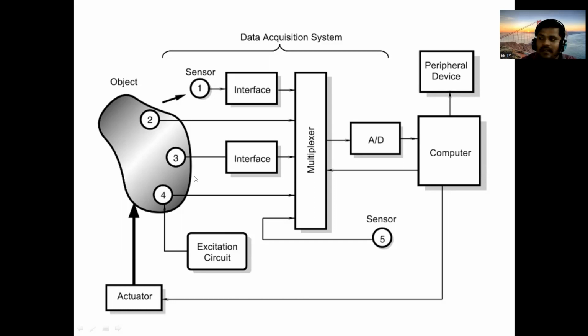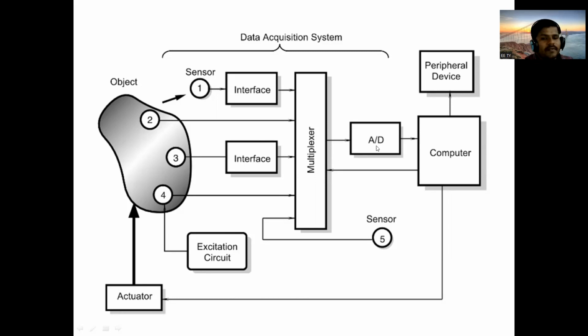Here, by block diagram, we are discussing how the sensor works. It will sense, then it is fed to the multiplexer by using some interface circuitry. The multiplexer reads the output obtained from the sensor and feeds it only once at a time to the computer.